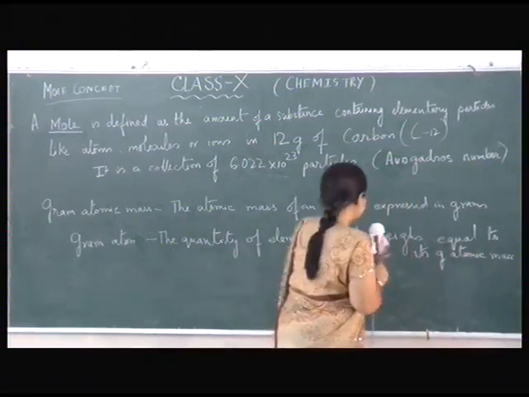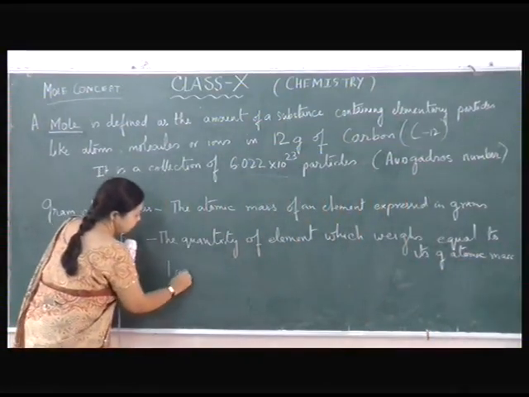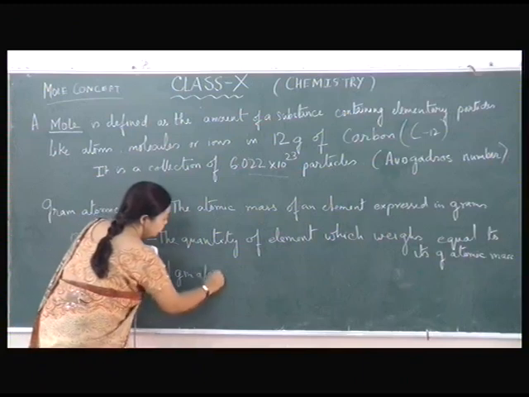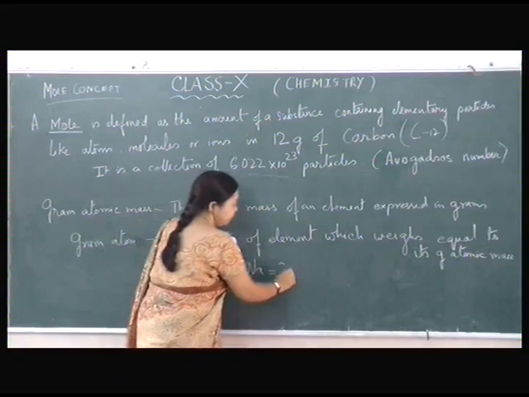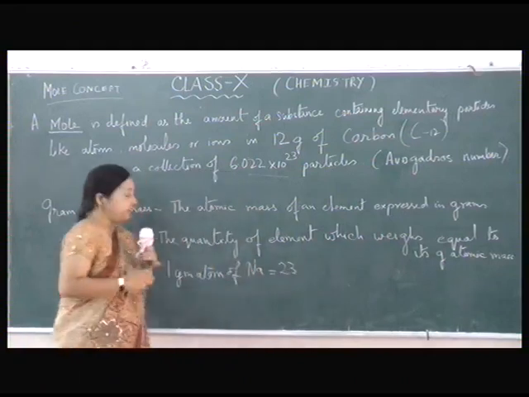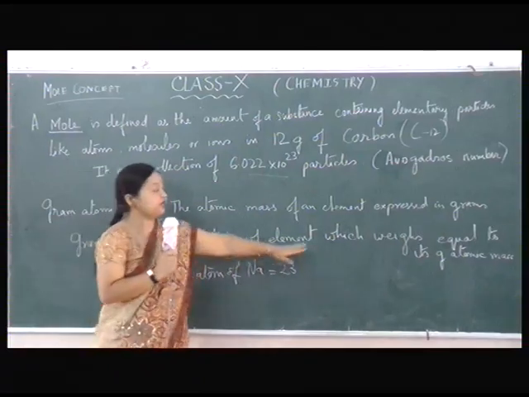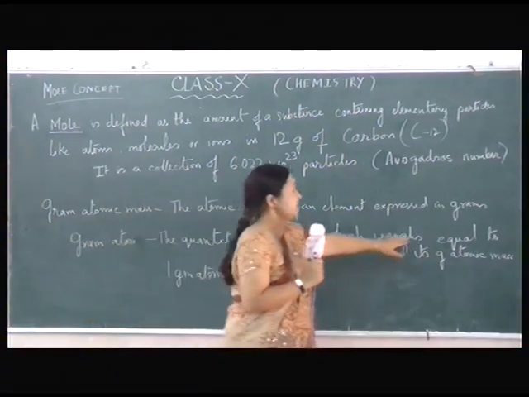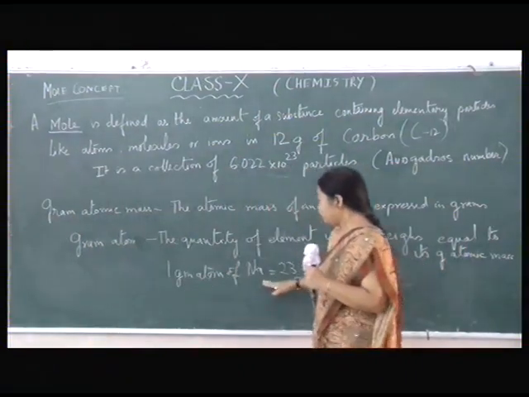Suppose we say sodium. What is the gram atom of sodium? 1 gram atom of sodium is 23.